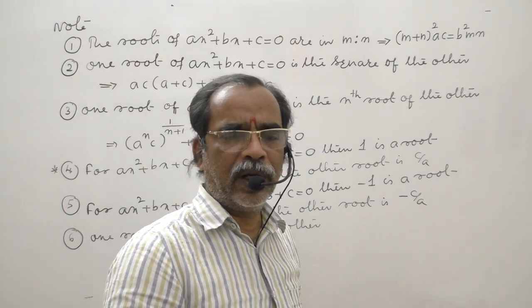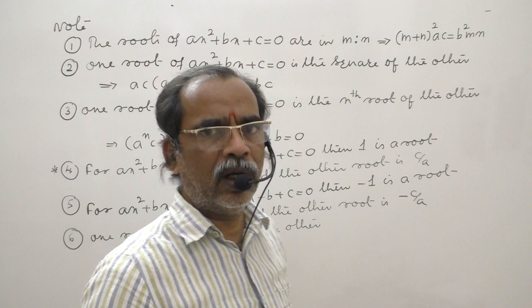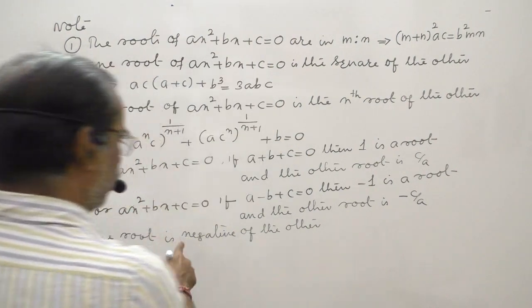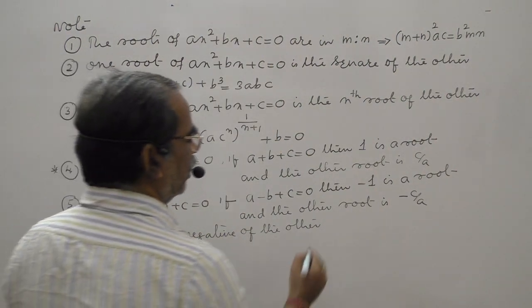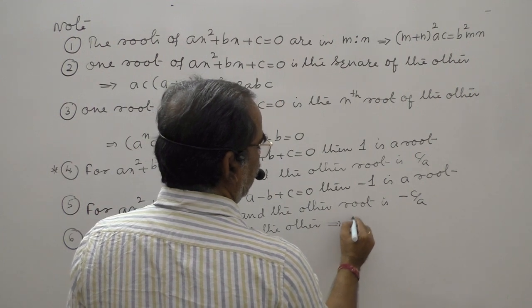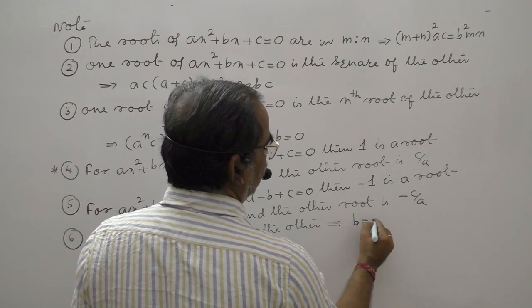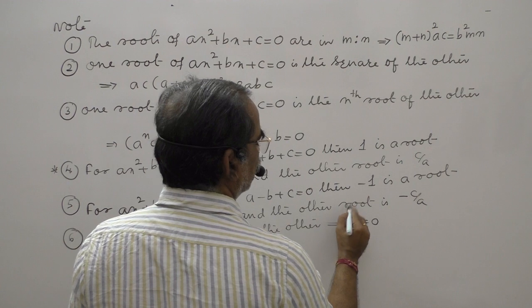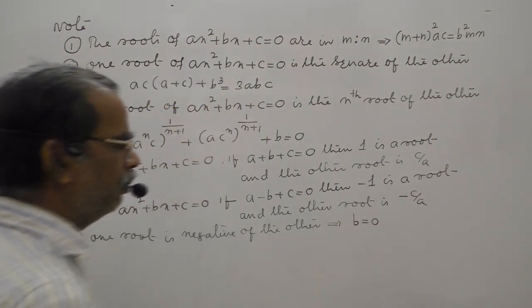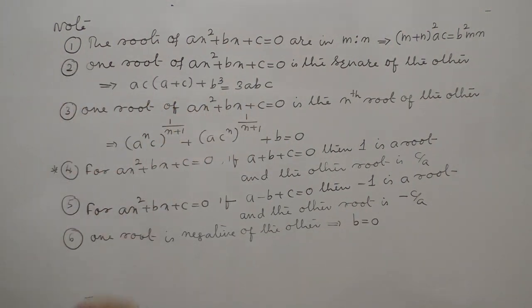If one root is minus 3, the other root is 3, like that. If one root is the negative of the other, then the condition will be b is equal to 0. Whenever b is 0, you will get two roots with the same magnitude and opposite sign.